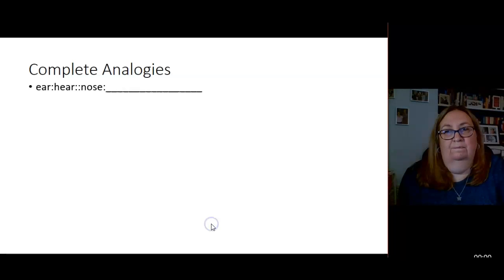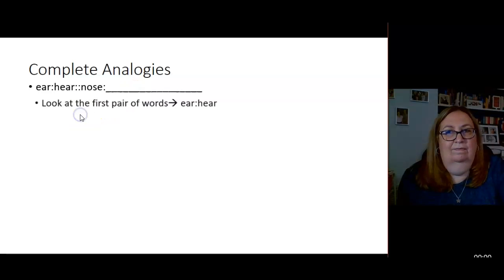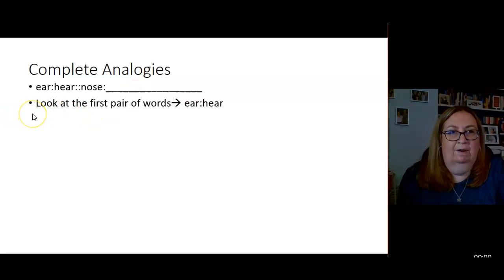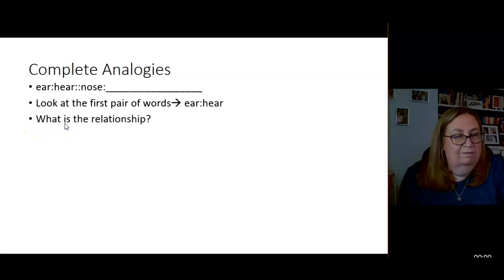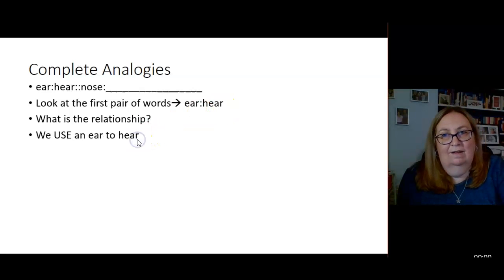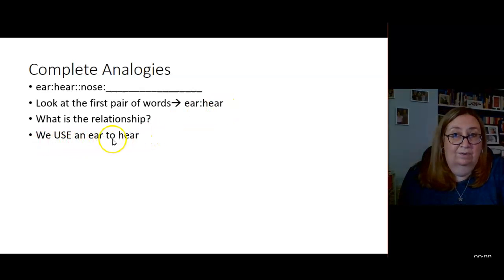Let's look at another one. Ear is to hear as nose is to blank. Look at just the first pair of words. Ear is to hear. What is the relationship between ear and hear? Well, we use an ear to hear. If we have to use the same relationship from the first pair of words to the second pair of words, then now we can fill in this blank.